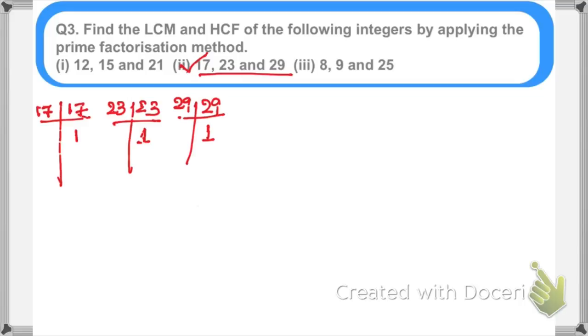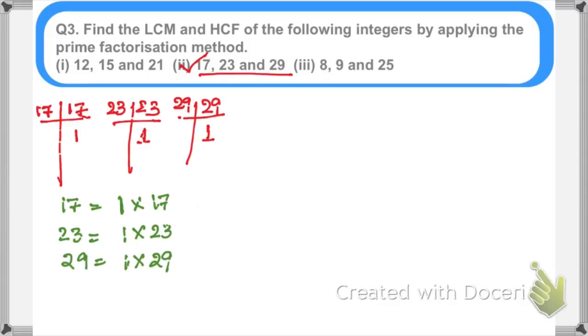So the factors of 17 can be written as 1 into 17. The factors of 23 can be written as 1 into 23, and the factors of 29 can be written as 1 into 29.